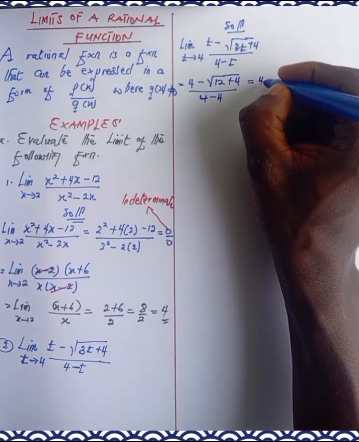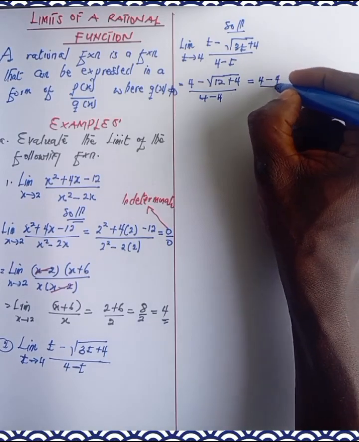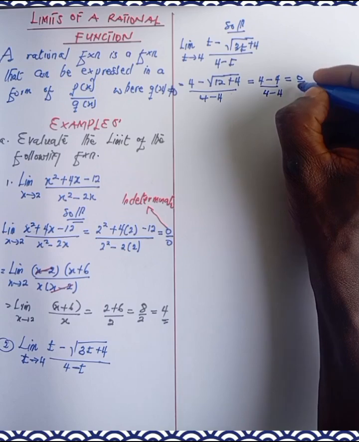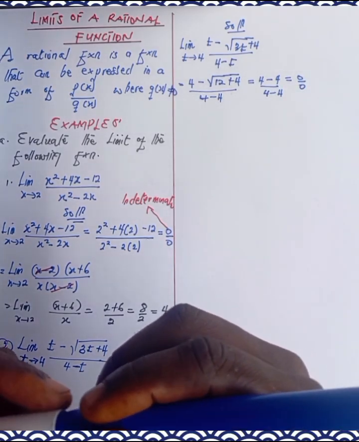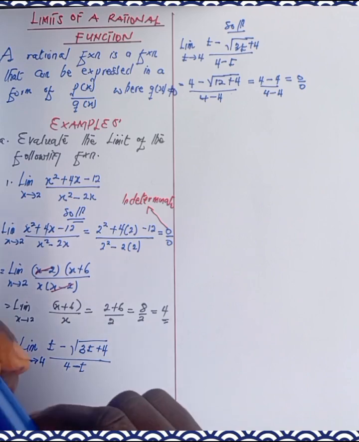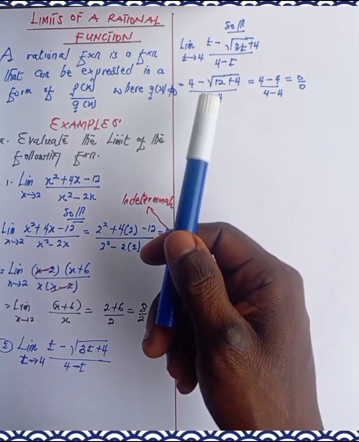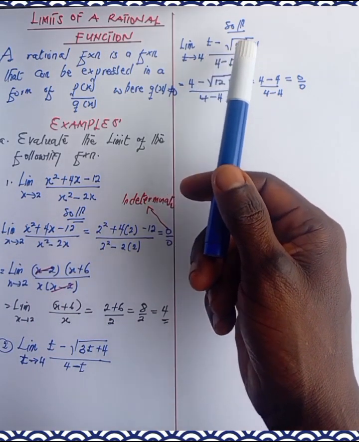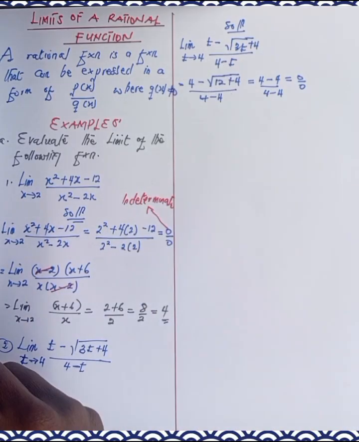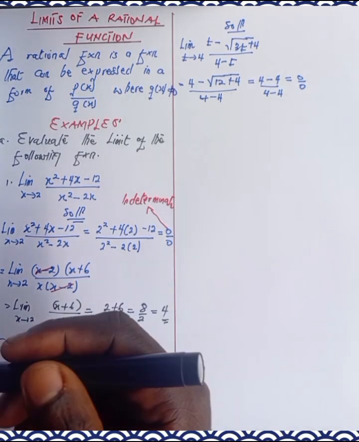So you are going to get 4 minus 4 all over 4 minus 4, and this is giving us 0 over 0. That is the indeterminate form. So it means that we have to massage the function, and in massaging the function we can see that we cannot use the factorization method. So what we are going to use is the rationalization. We are going to do it with respect to the numerator.